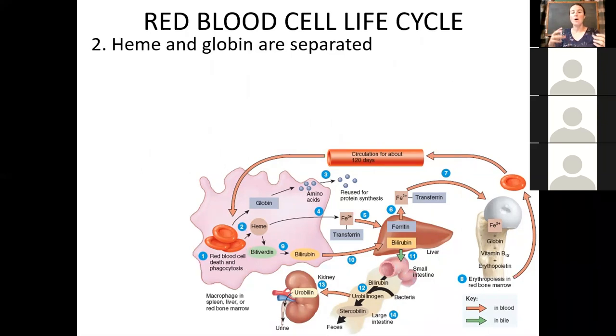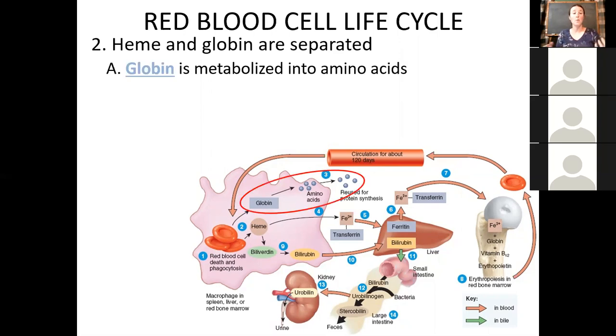Once the macrophage has the red blood cells, the cells start to break down within it. Ultimately, hemoglobin is broken apart. Now, it is pretty expensive to make hemoglobin, so we try to recycle as much as physically possible. First of all, we can recycle the globin, the protein component of hemoglobin.